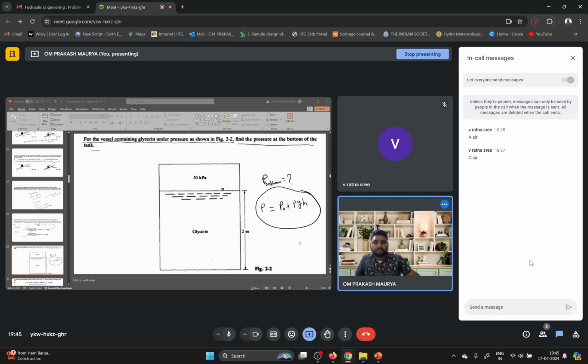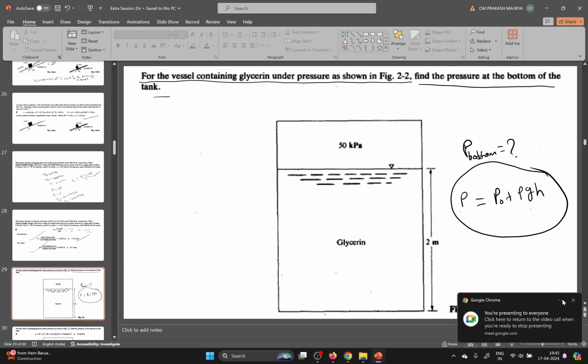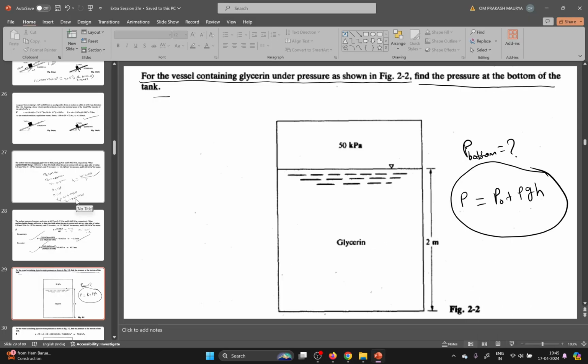So now I want to give the answer. So how you will calculate? Your 50 Pascal is given already. So your 50 Pascal will be here initial, and rho is, what is the rho for this glycerin? Okay, rho is not given.